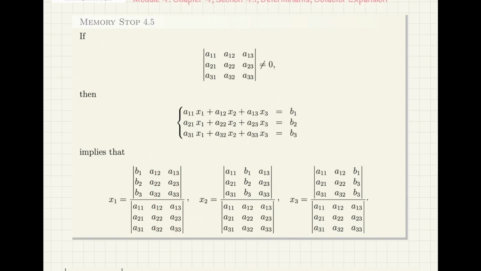Let us do once more here. So for example, I am interested in x2. The denominator is as before. The determinant consisting of these coefficients as before. But now, because I'm interested in the second variable, I replace the second column by these numbers, and then I will get the second column in the numerator, and then I will leave these two columns intact.